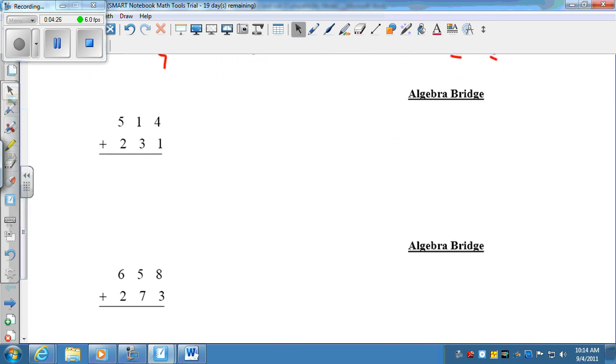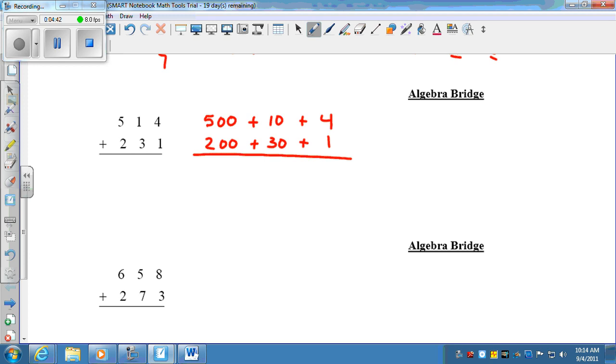Let's try that again. I'm going to look at this number in its parts, called decomposition. 500 plus 10 plus 4 is 514. 200 plus 30 plus 1 is 231. Adding its parts, 700. 10 and 30 is 40. 4 and 1 is 5.